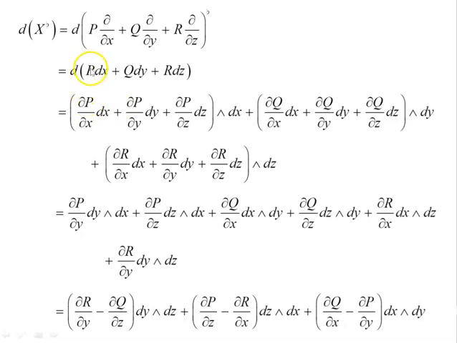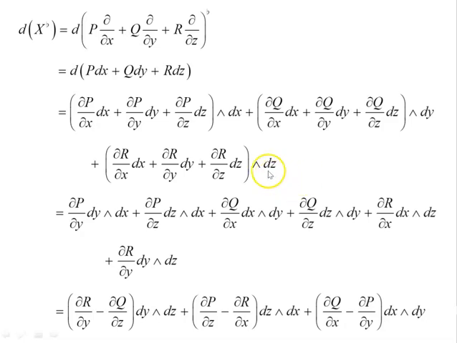P may be a function of the coordinates x, y, and z, so we must put all of that in there, wedge that with dx. Then the exterior derivative of Q, wedged with dy. Again Q may be a function of x, y, and z, so we do need to do each one of those in turn. Same with R, wedge dz.